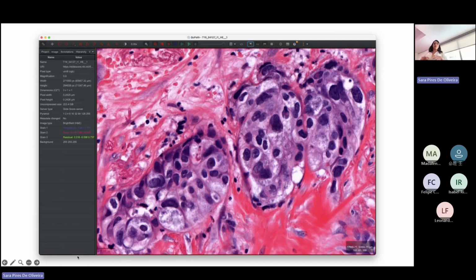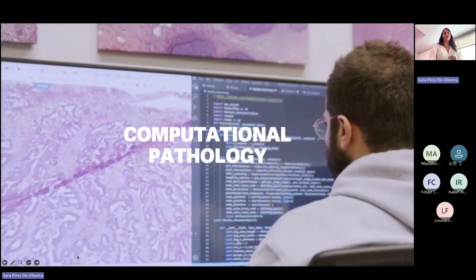And now with all this information being available as digital images, of course, this opens up this big area of computer vision and AI applied to pathology. And then we have computational pathology. Basically, the main goal is to design learning models for whatever task there might be in the pathology lab.